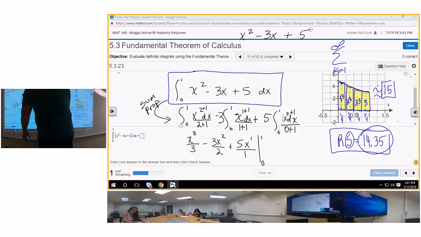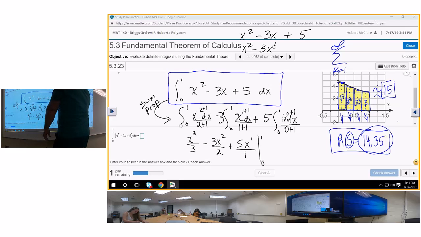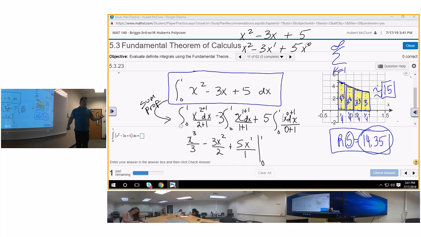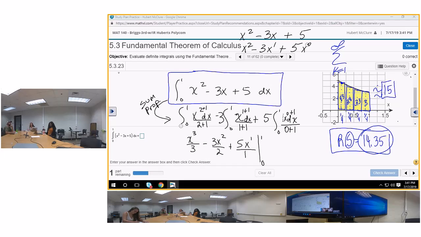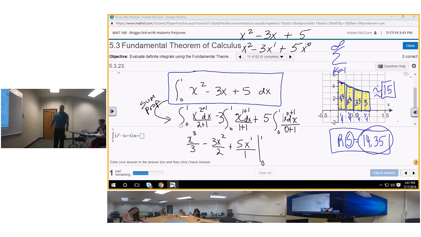Fill in the blanks. This is x to the second power. This is x to the first power. And what is this? X to the what? 0. Remember me telling y'all that when we started derivatives? And you just pulled that constant out and put it in front of the integral. Constants always come out front. We said that. Was it yesterday when we said that? Constants come out front. Just like a derivative.